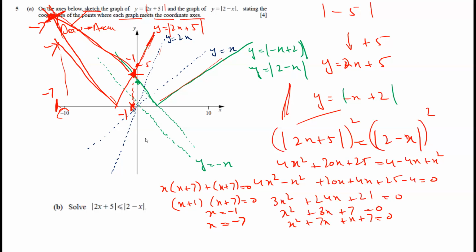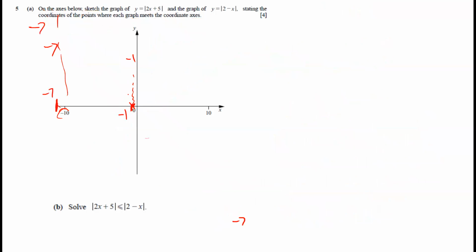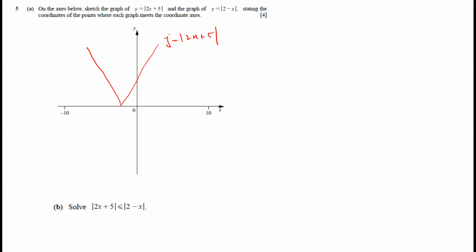Now I know it's getting quite confusing, so let's erase everything. Now we have this sort of an arrangement. This was y equals absolute 2x plus 5, and this was y equals absolute 2 minus x.